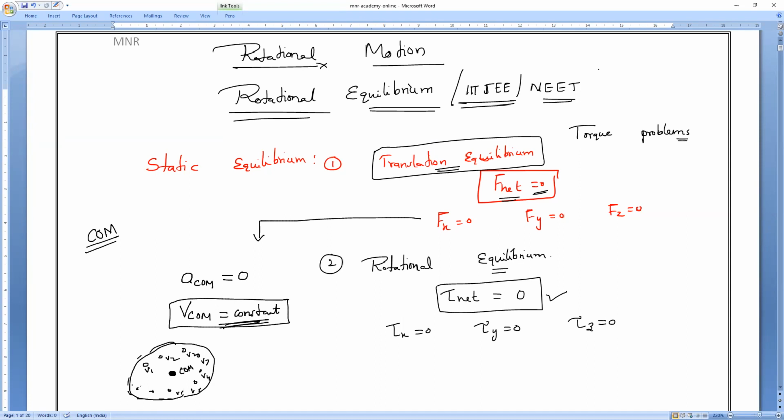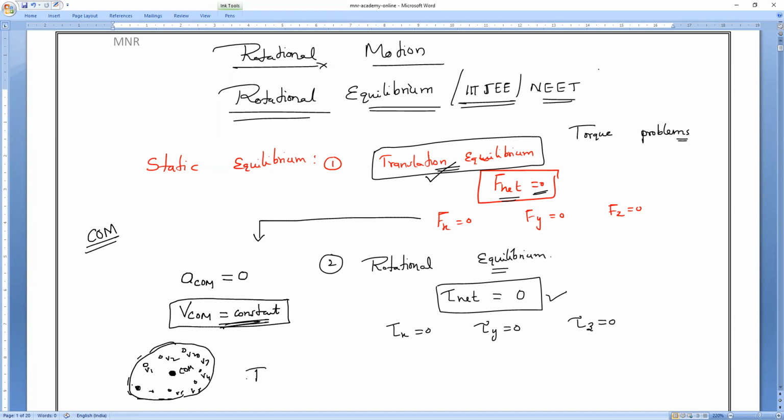The individual particle speed may change, but the center of mass speed always remains constant in translatory motion.